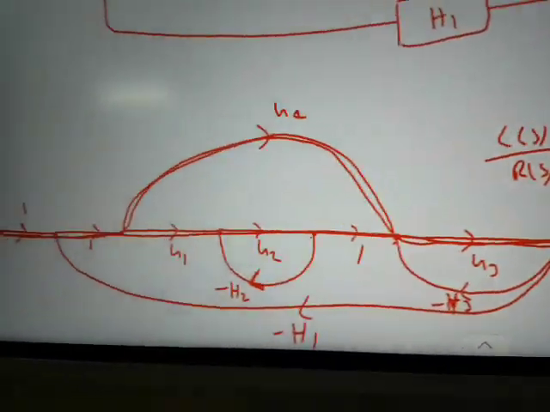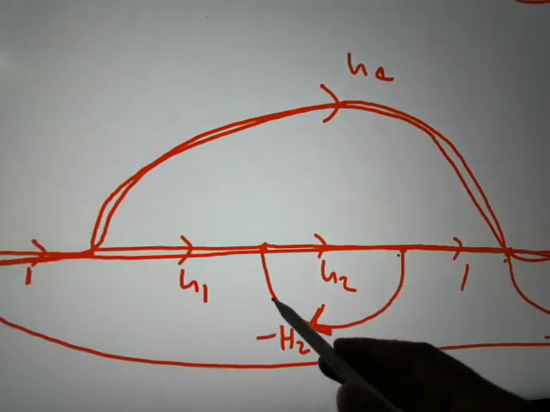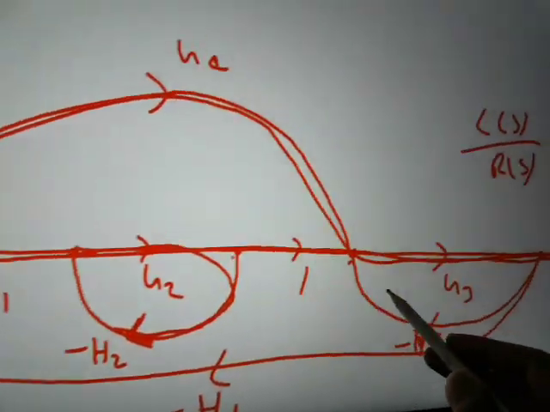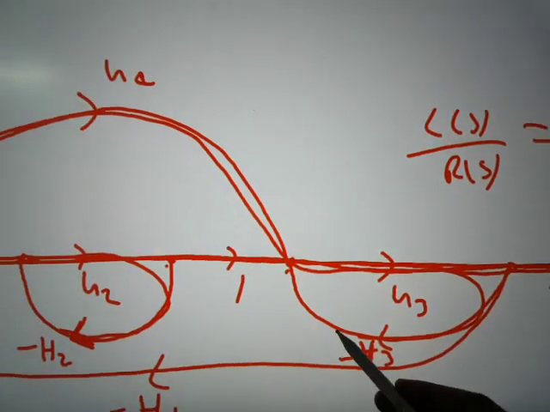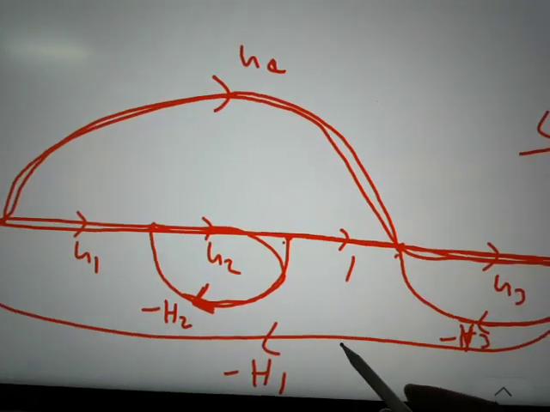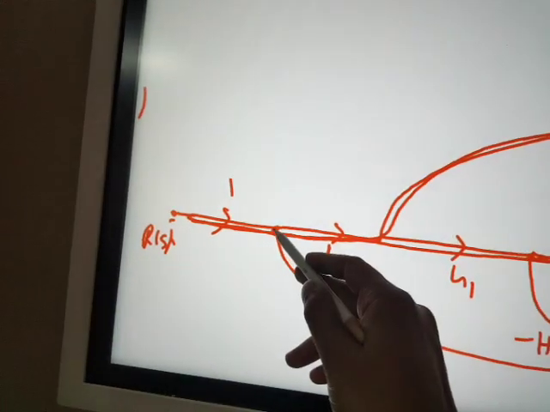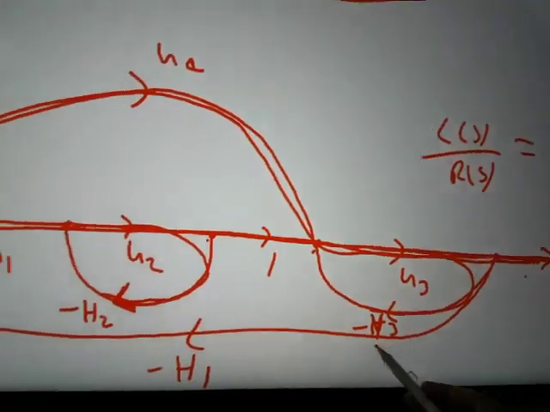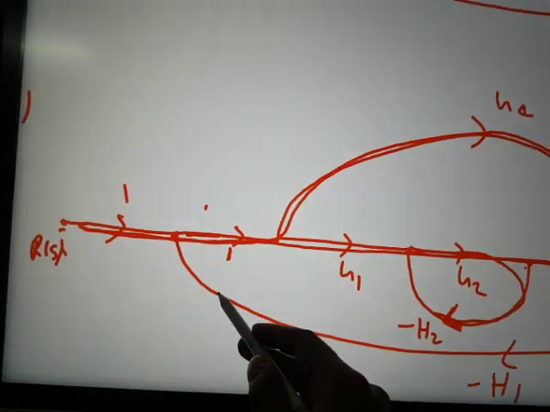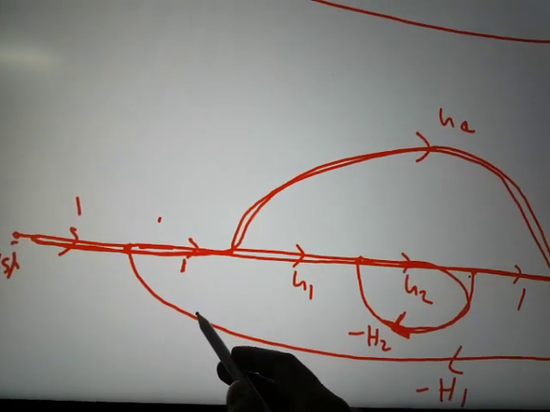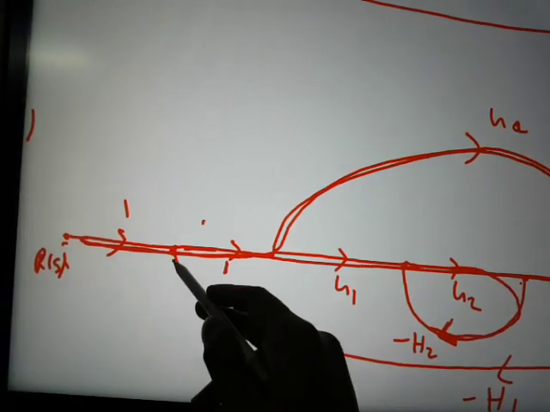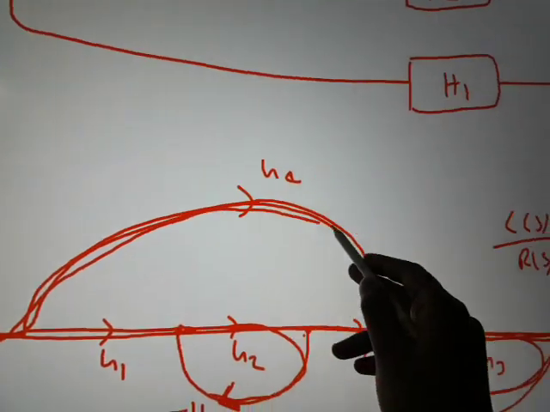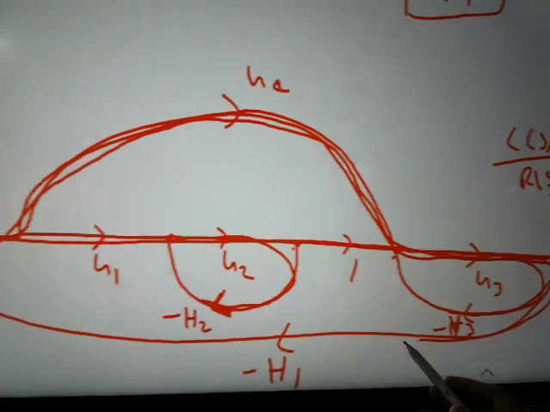Now the loops. One loop is G2 H2, another loop is G3 H3, and another loop is G1 G2 G3 H1. Another loop, for the other forward path, is G4 G3 H1.